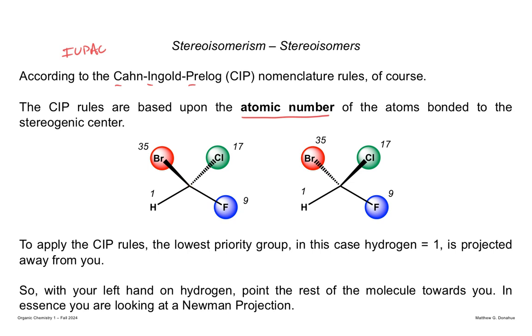So you apply the CIP rules, and now from the atomic number, you're sort of reversing to assign priority. So 35 is the largest number, so that gets priority 1.